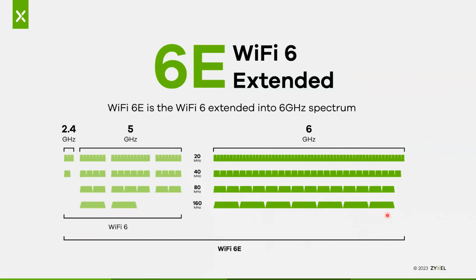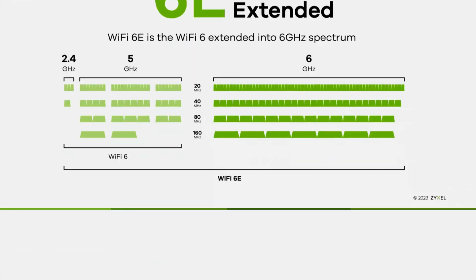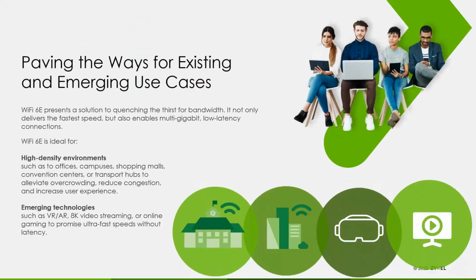When it comes to 6 gigahertz, there are 7 available for everyone to share. So you're going to be able to have a lot more 6 gigahertz devices in the same area before you run into co-channel interference issues where you've got 2 or more devices using the same channel overlapping and causing interference. So it's going to be fantastic for those type of environments. But again, the range is less than 5 gigahertz. So that is something to keep in mind when you're doing your deployments.